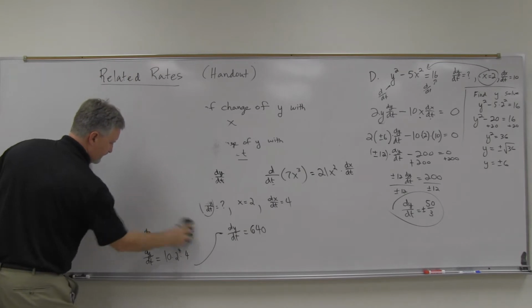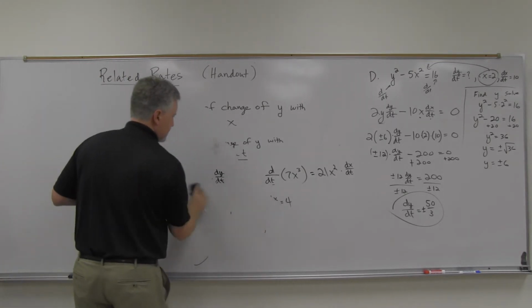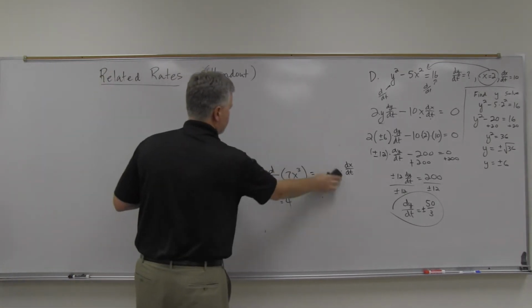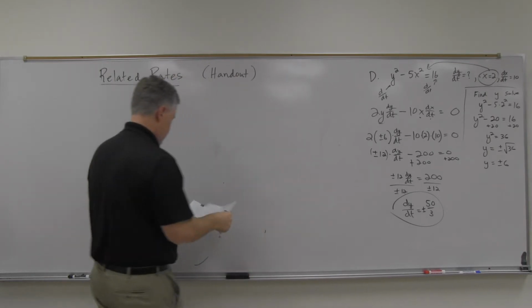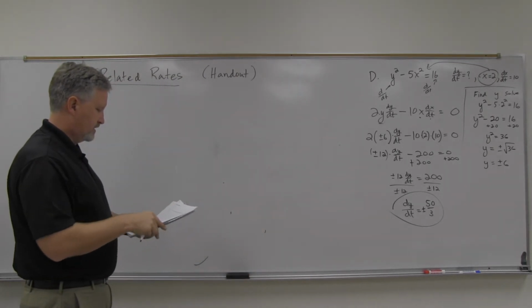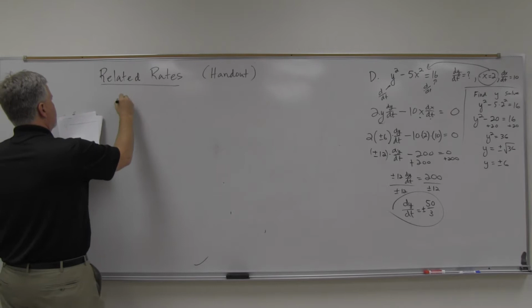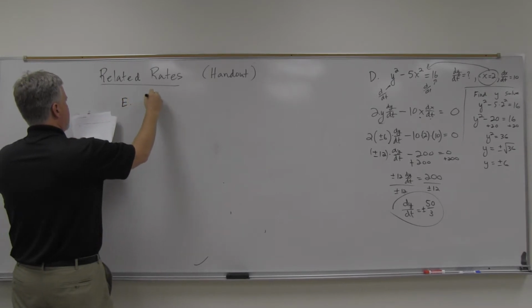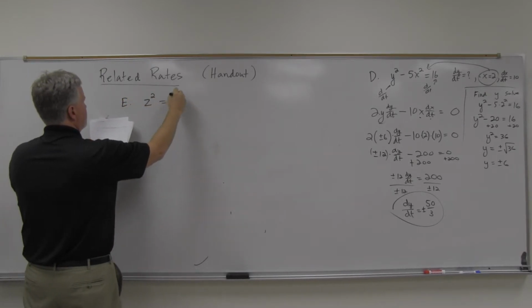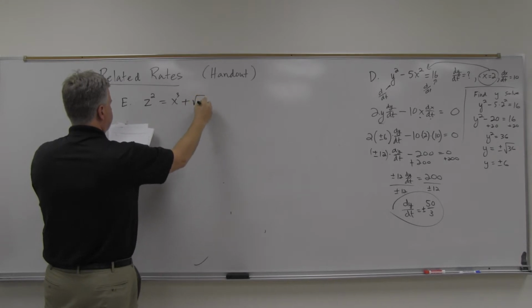I think I got one more on the back there of the handout, and that is E. Let's see what kind of stuff we get into with E. All right, so E, I've got 3 variables. z squared equals x cubed plus the square root of y.